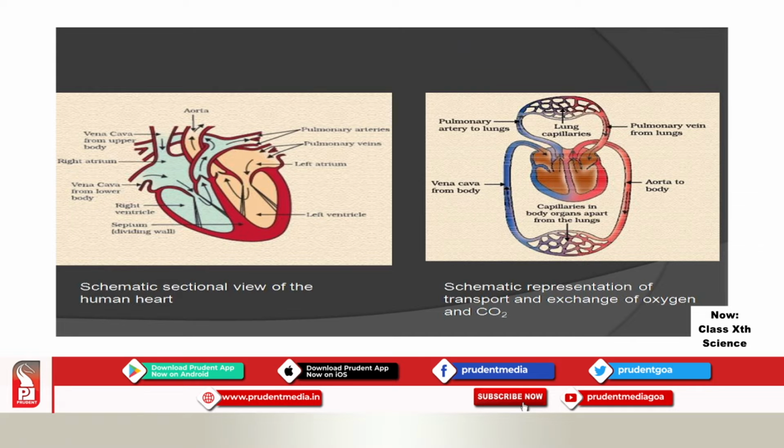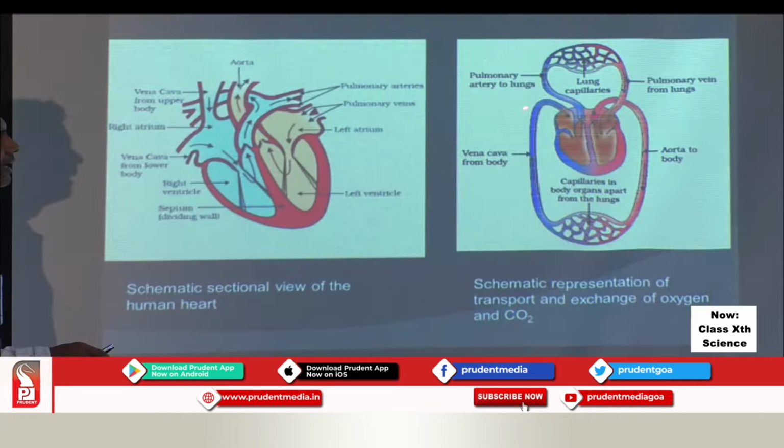Deoxygenated blood which is rich in carbon dioxide will enter the right atrium here, okay, right atrium. Then this deoxygenated blood enters the right ventricle.